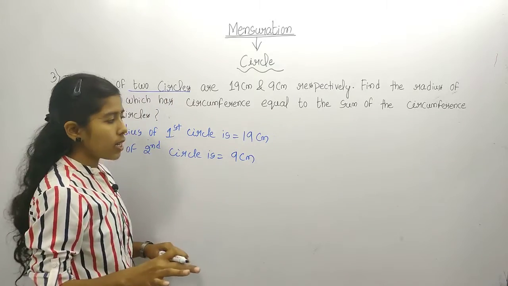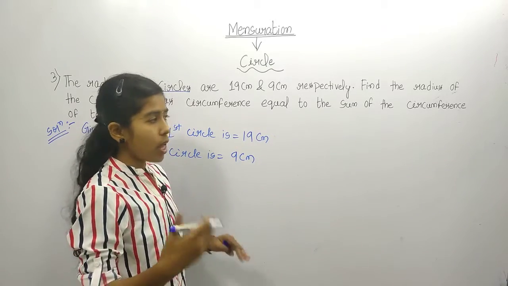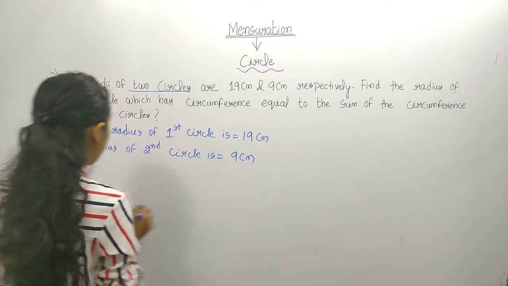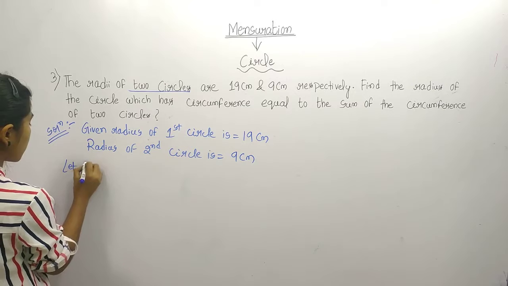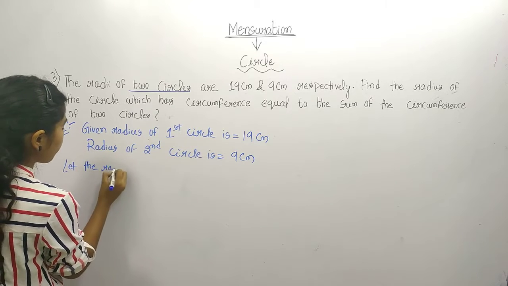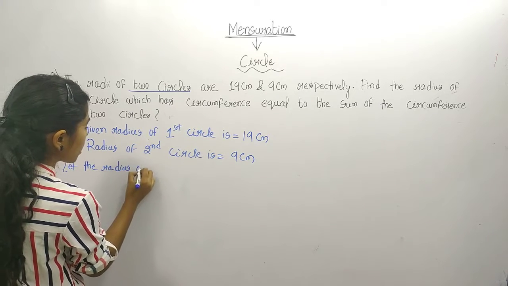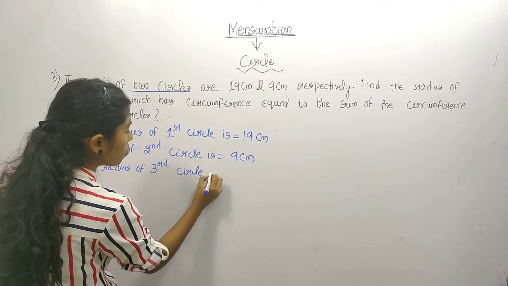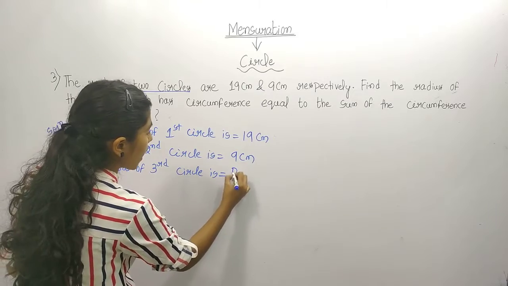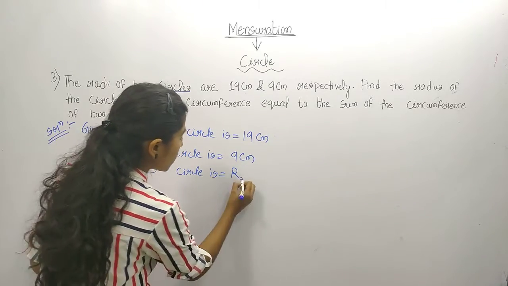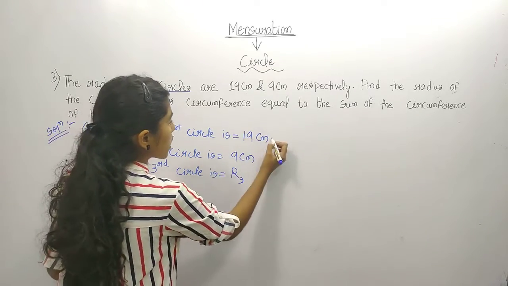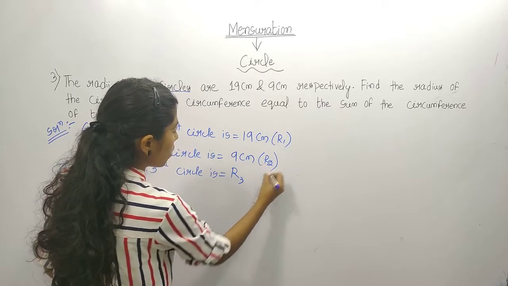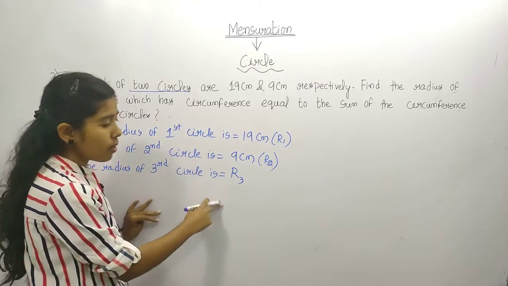Another circle is there. We don't know the radius of the third circle. We have to find it. So let the radius of the third circle be, we don't know the radius now, so we will take it as R3. So this is R1, this is R2, and this is R3.